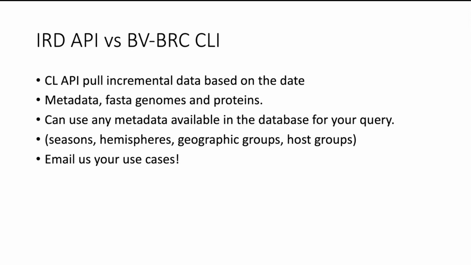You can pull incremental data based on the date, and you can use anything in the metadata to specify specific genomes or proteins that you're interested in. Anything that's available in the database in terms of metadata, you can use for your query. Things like seasons, hemispheres, geographic groups, host groups.